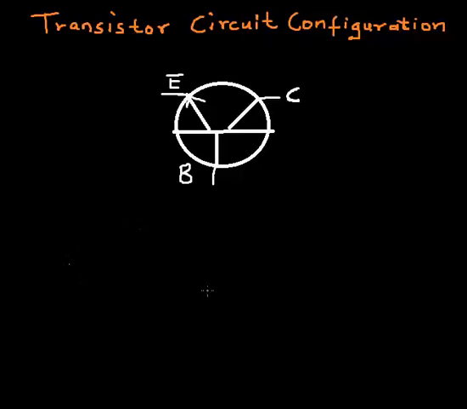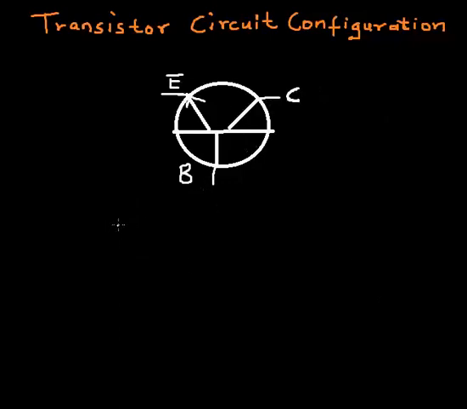Different circuits, and that configuration is based on how the input is connected with respect to the output. Remember, there are three terminals. Two terminals will be for the input, and two terminals will be for the output. Since there are three terminals, one terminal will always be common.